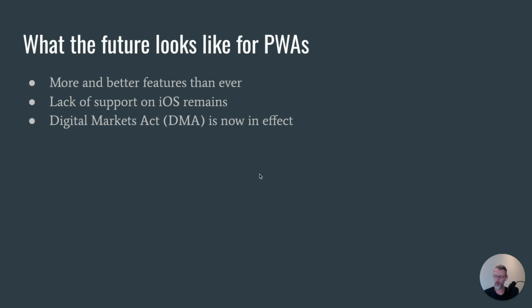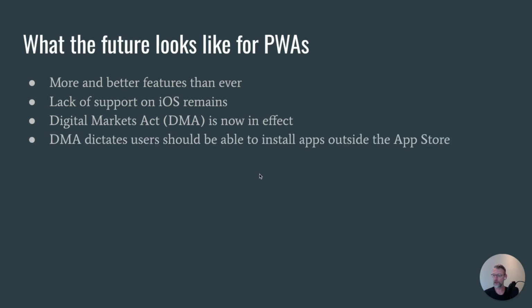Fortunately, the Digital Markets Act, the DMA, is now in effect, which is a set of laws, of legislation. Among other things, this DMA dictates that users should be able to install apps from anywhere on an iOS device, even from outside the App Store. There are two ways of doing this. You can do this through sideloading.